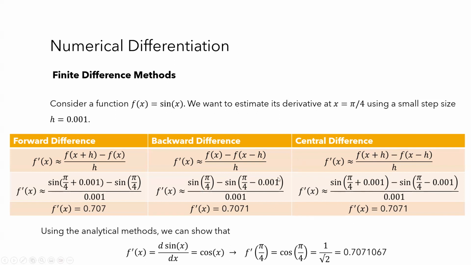You can calculate the error. Using this example, you see that all three methods are working. But when the function is more complicated, there may be higher deviations from the true value, because this is the true value and this is the estimated value from the approximated functions.